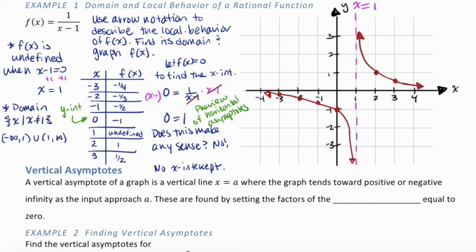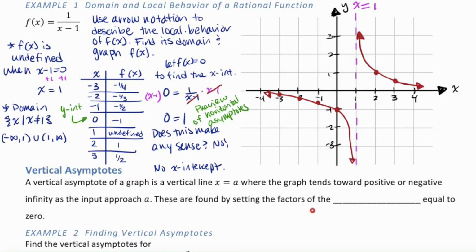Let's discuss some definitions so we can better interpret an example like this and more in-depth examples. Definition: vertical asymptotes. A vertical asymptote of a graph is a vertical line x equals a where the graph tends towards positive or negative infinity as the inputs approach a.